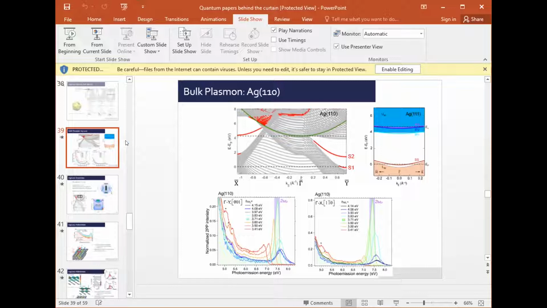From the experiment, we cannot find a specific region of the bulk sp band which is active under the light interrogation. Basically, this is a single particle band structure, but the mechanism of populating this state is plasmonic origin. Okay, that makes sense.